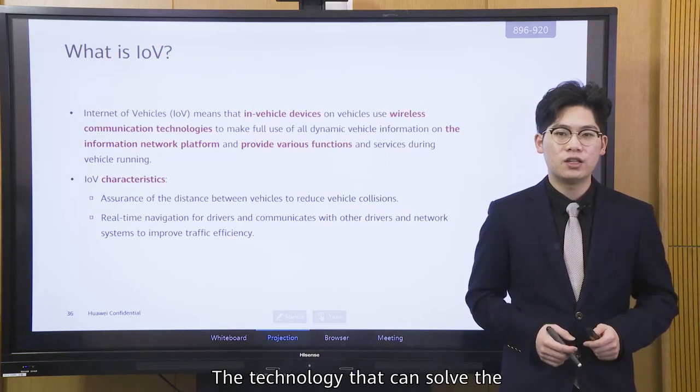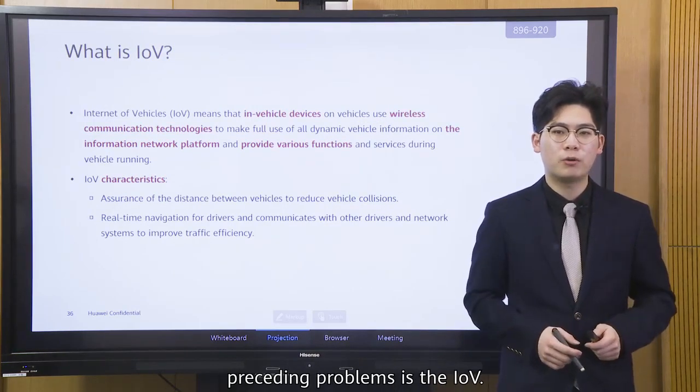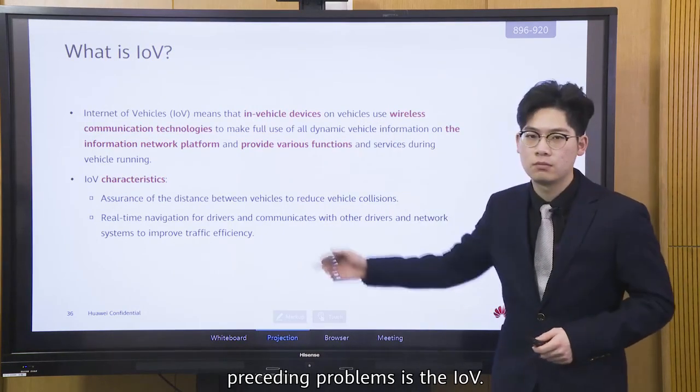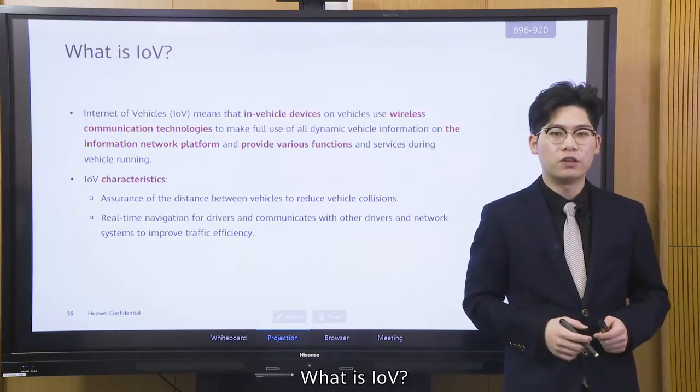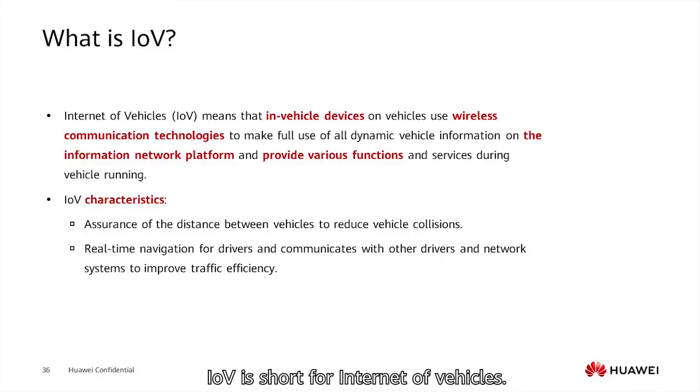The technology that can solve the preceding problems is the IoV. So what is IoV? IoV is short for Internet of Vehicles. It uses in-vehicle devices and wireless communications technologies to utilize all vehicle information on the information network platform and implement different functions.